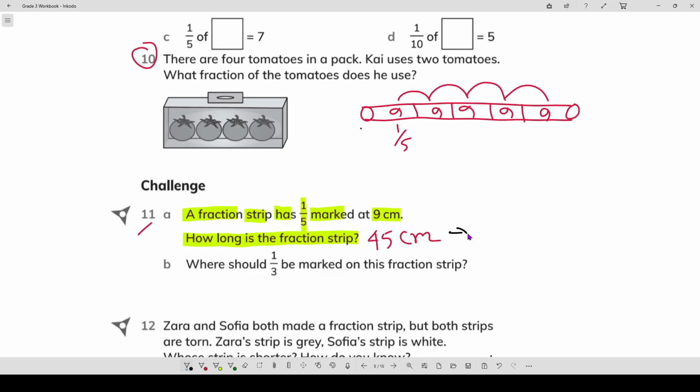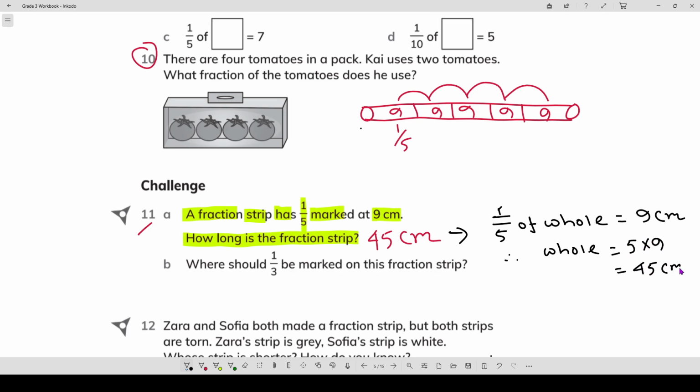We can write it this way: 1/5 of the whole equals 9 centimeters. So the whole equals 5 times 9. It means 45 centimeters. Okay. So number A is done. What should 1/3 be marked on the stripe?